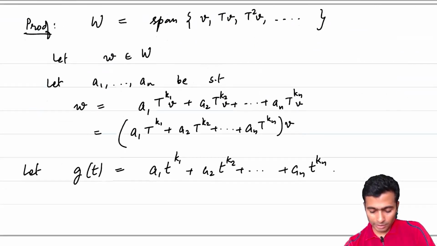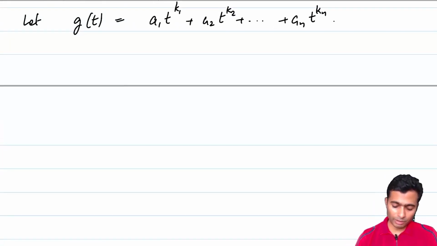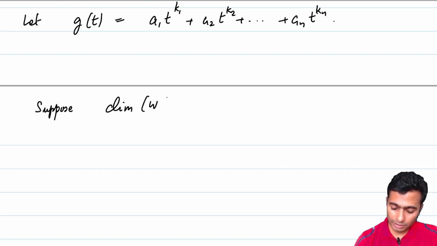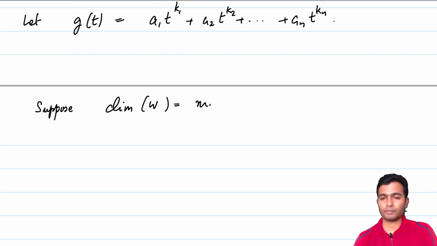Okay, so let's see what this means. What this means is the following. Suppose the dimension of W is say m.